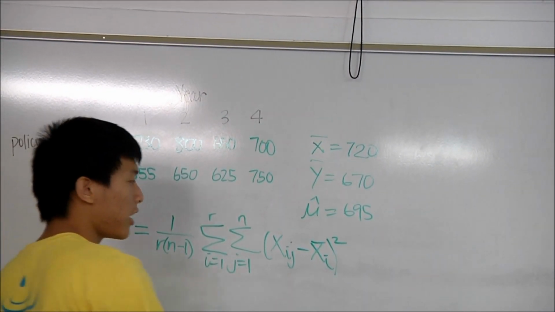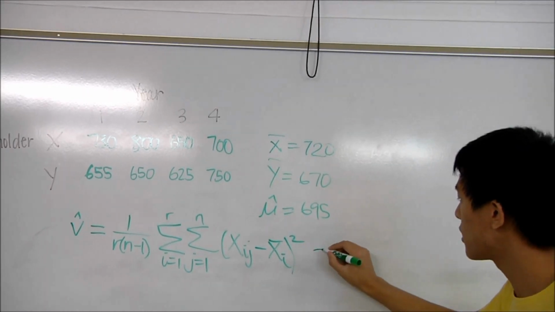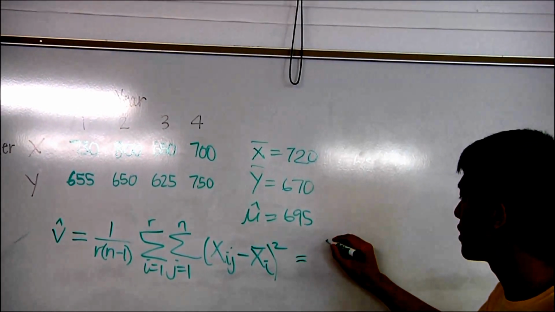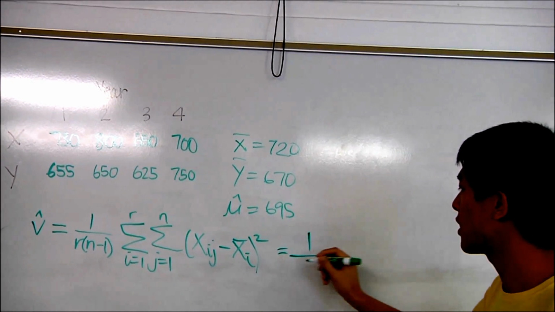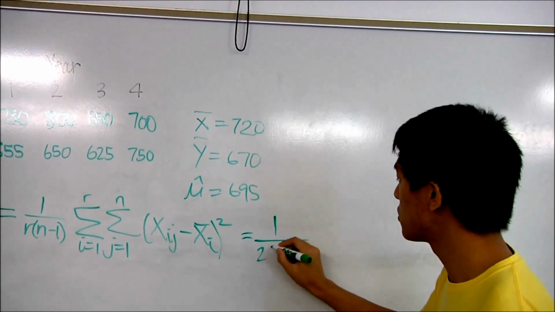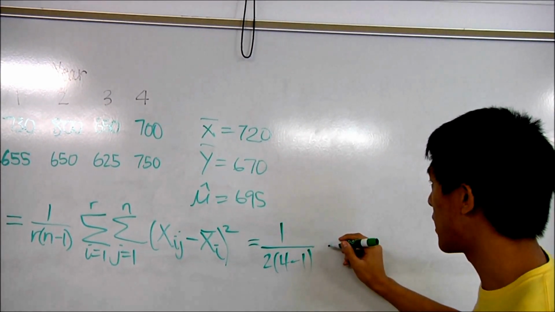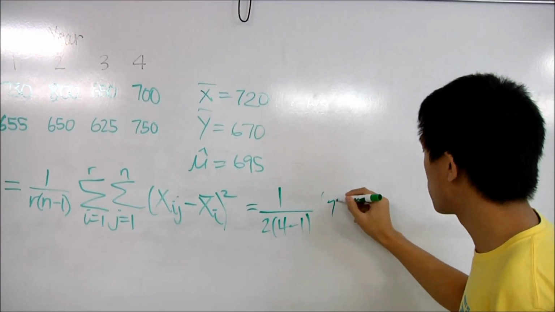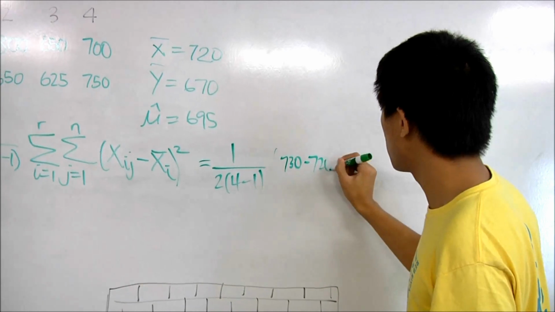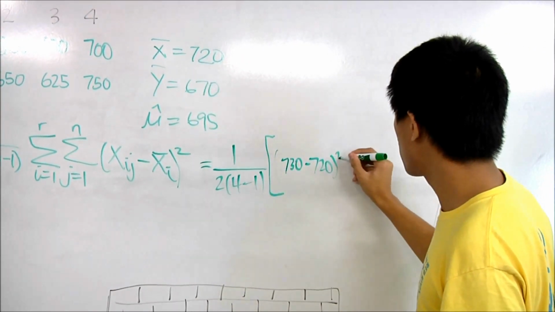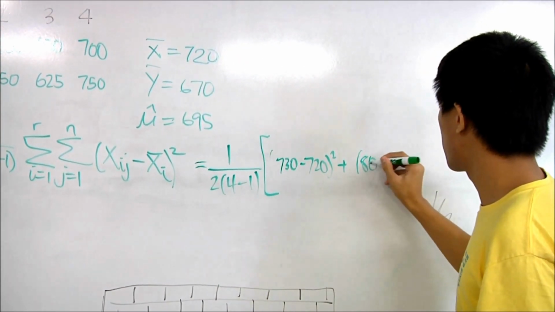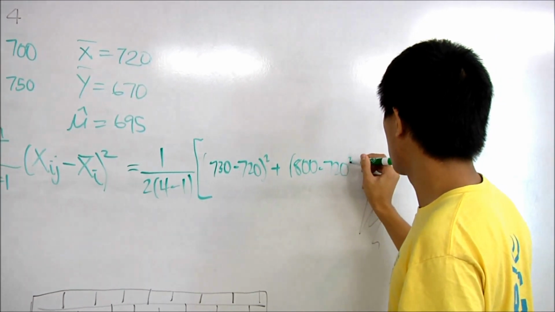So if you go ahead and plug that into your calculators, well, first to give you an idea of what the numbers would look like, you get 1 over 2 times 4 minus 1, and then multiplied by 730 minus 720 squared plus 800 minus 720 squared.